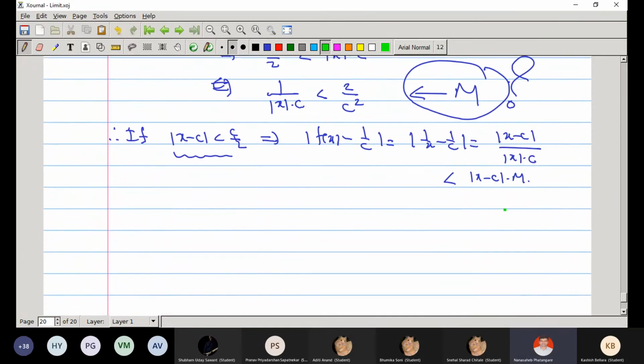And now what is the process going on in my mind? I want to make this quantity less than epsilon. That means |x - c| < epsilon/m. This is what is going on in my mind. So what is the choice for delta?